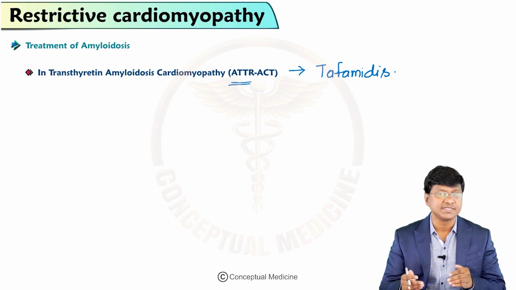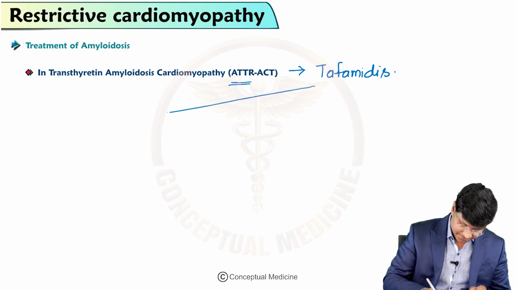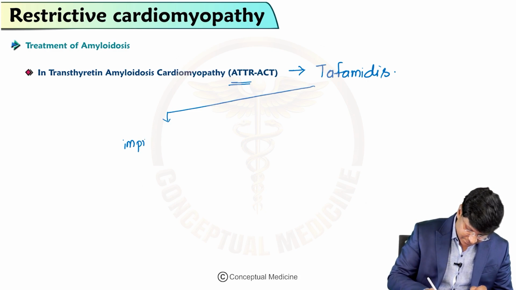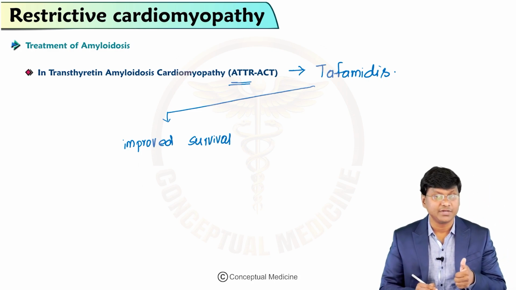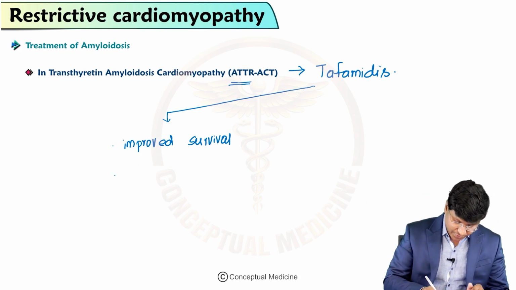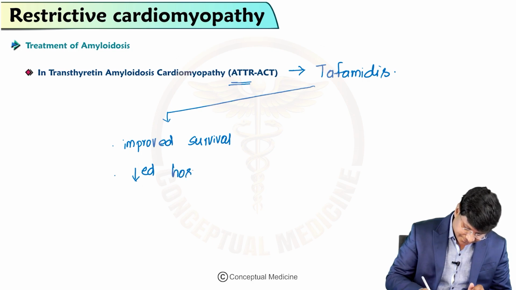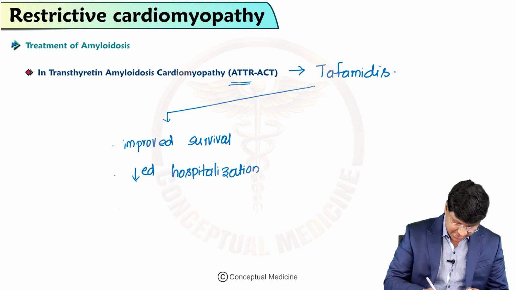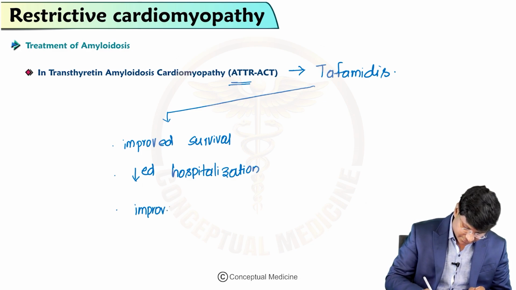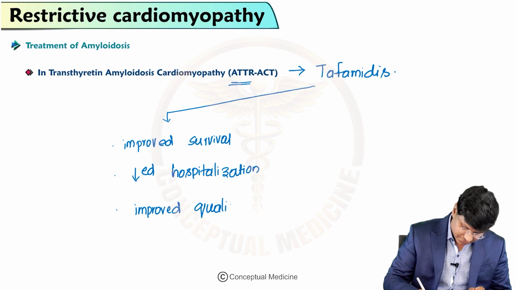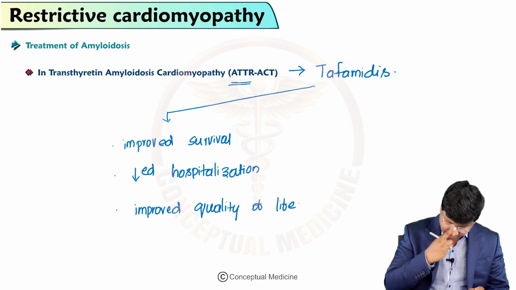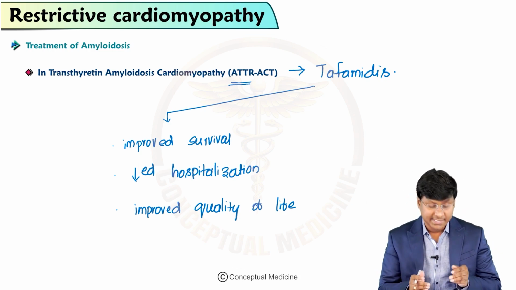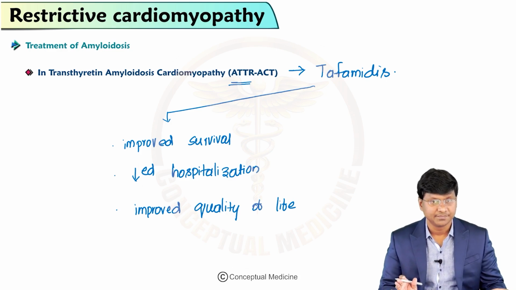Tafamidis substantially improved the survival of the individual, it also reduced the hospitalization of the patient, and it also improved the quality of life for patients with transthyretin amyloidosis cardiomyopathy. So that is about your tafamidis.